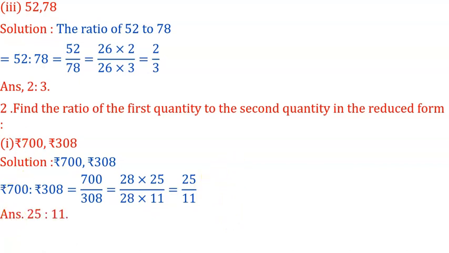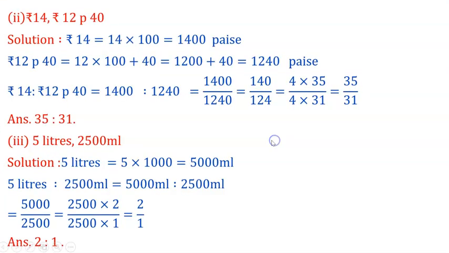Now next, rupees 14 and rupees 12 and 40 paise. Rupees 14 is equal to 14 into 100, you will get 1400 paise. Next, rupees 12 and 40 paise is 12 into 100 plus 40, then you will get 1240 paise.